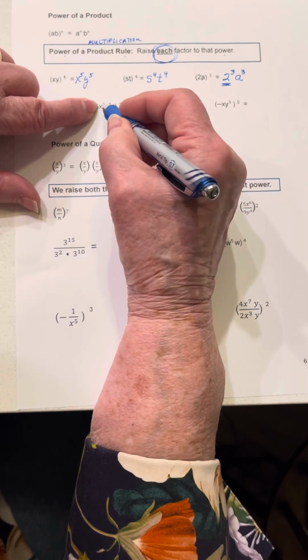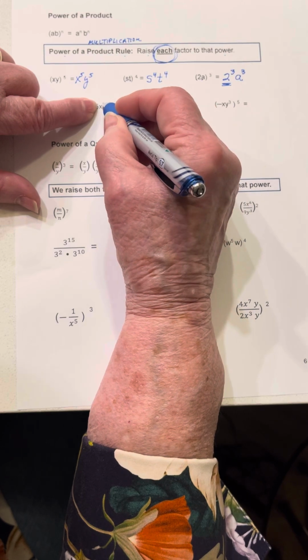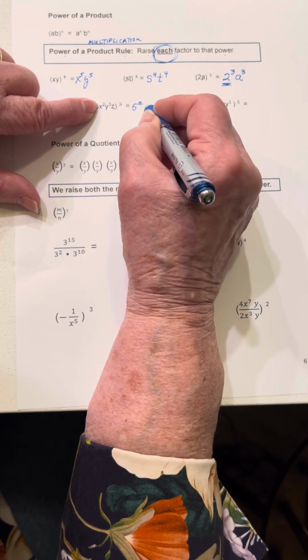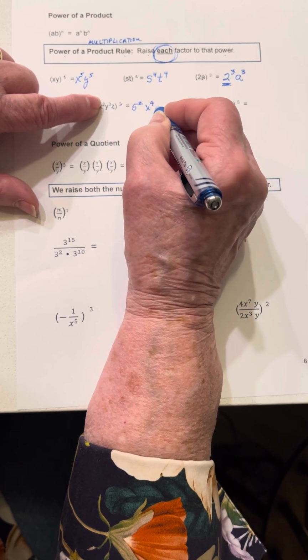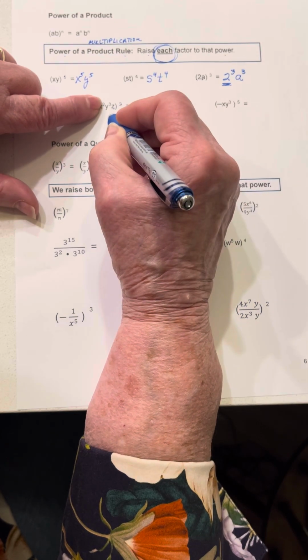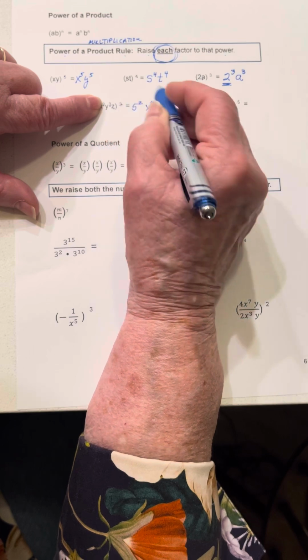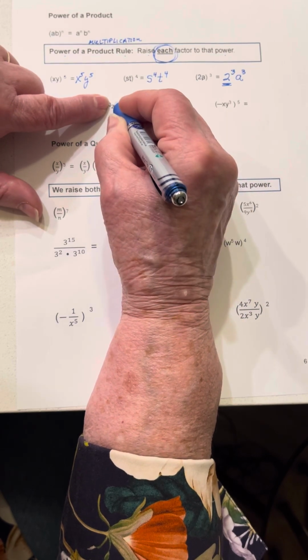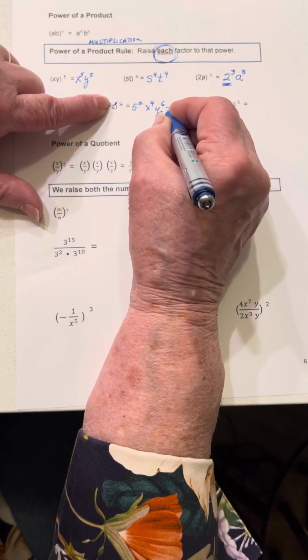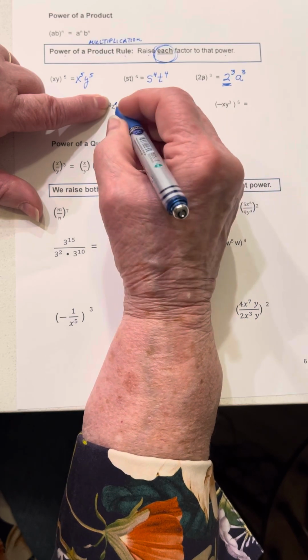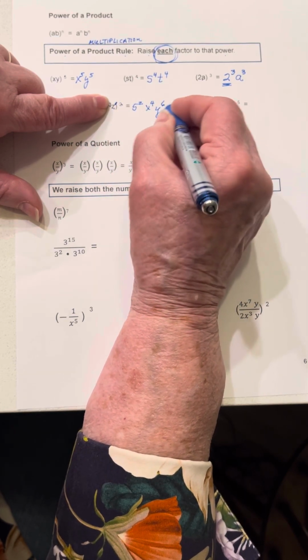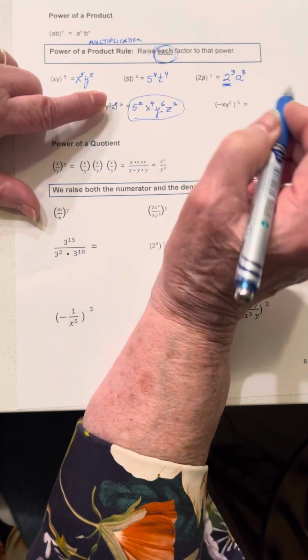We'll take x squared to the second power, so 2 times 2 would be 4. Now, what about y? We've got y to the third power squared, so 3 times 2 would be 6. z is to the first power, even though it's not written there, we know it's the first power. So 1 times 2 is 2. So here's our answer.